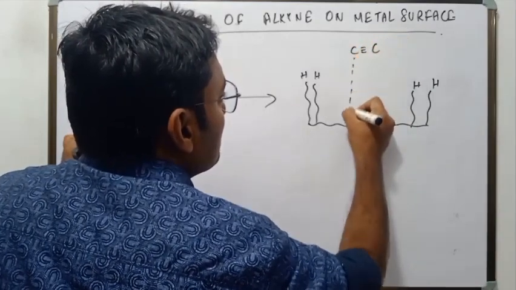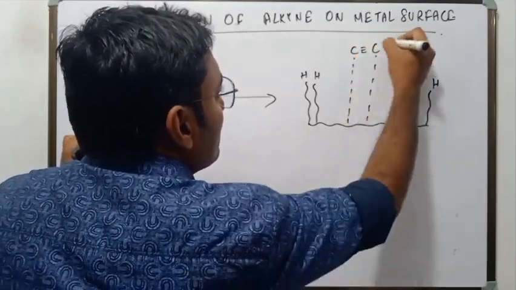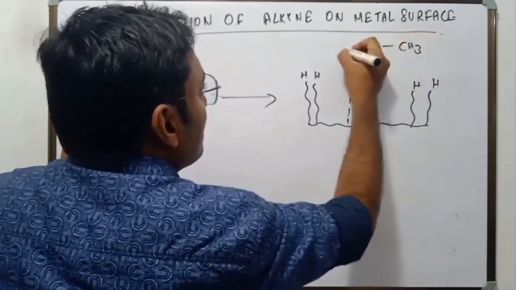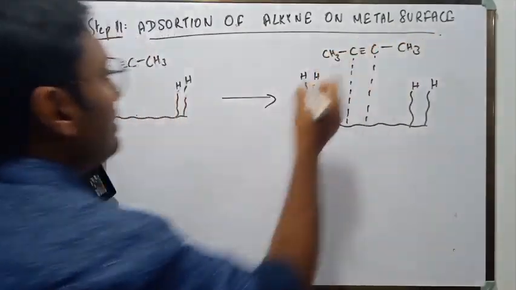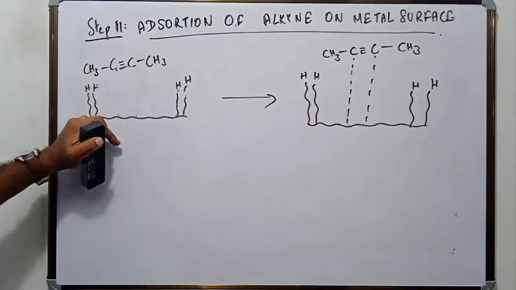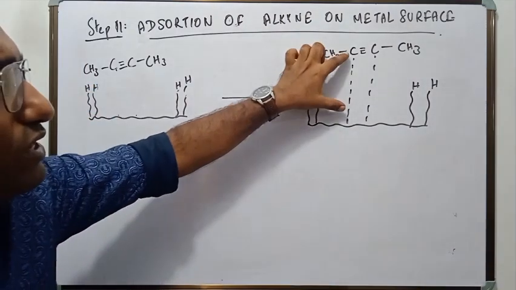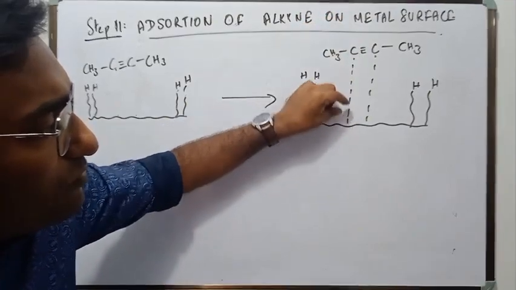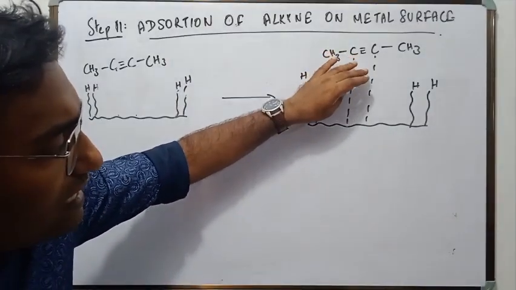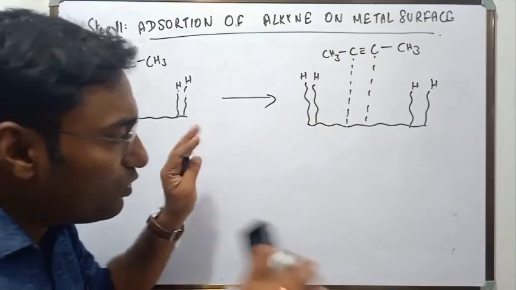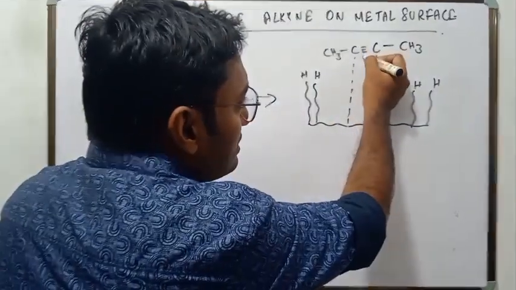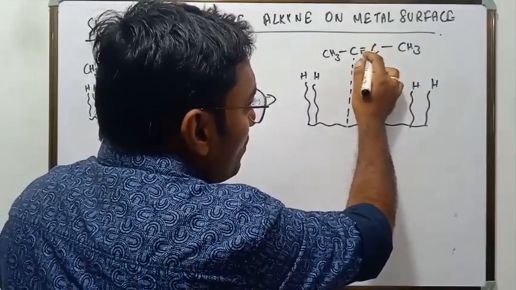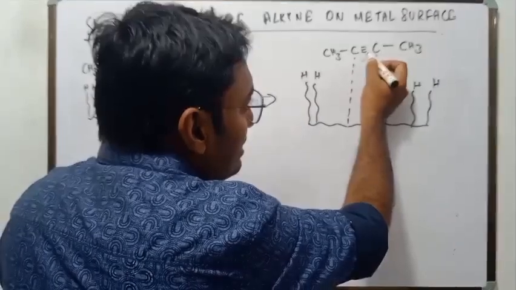There is an attraction. So here we have seen first it is coming closer to the metal surface, and now there is an attraction because alkyne is rich in electron. So palladium wants to gain electron from alkyne. There is an attractive force, but in no way the alkyne loses its electron pair, because the loss of electron pair would mean instability to the alkyne molecule.